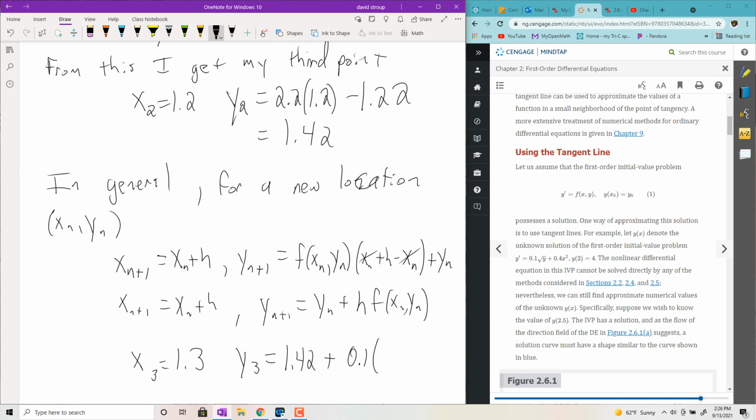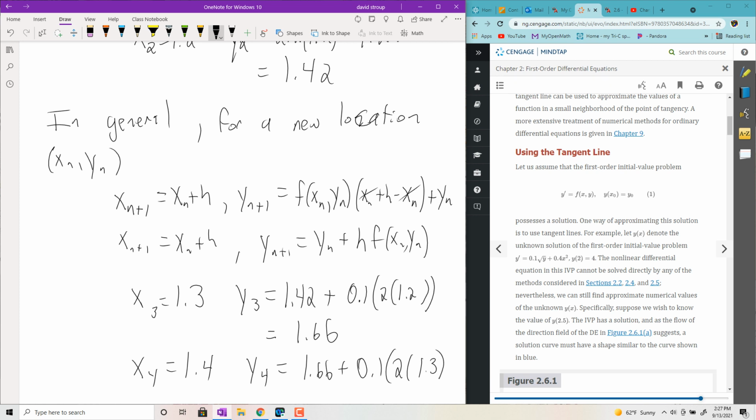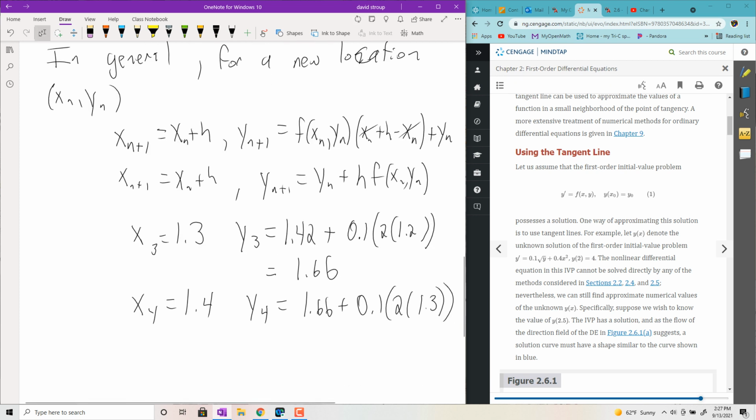In other words, 2 times the previous x value, which in this case was 1.2. Then we evaluate and get a new y sub 3, which is 1.66. And then x sub 4 is 1.4, so y sub 4 will be 1.66 plus 0.1 times 2 times 1.3, which will end up being 1.92.